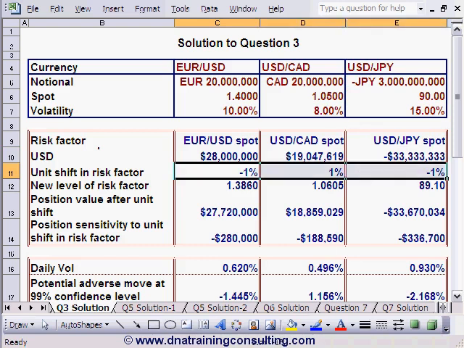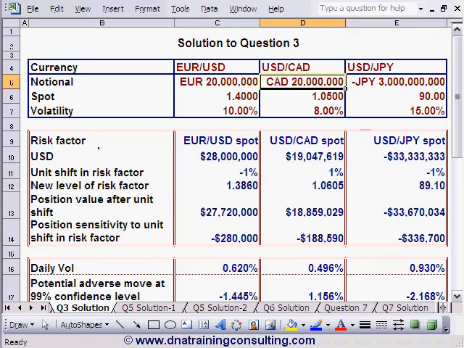In cells C11 to E11, we apply standardized shifts to the risk factors, remembering that these shifts have to adversely affect the position value. The bank is long 20 million Canadian dollars, and since the Canadian dollar is quoted as the term currency against US dollar, a positive 1% shift would have an adverse impact on the position.